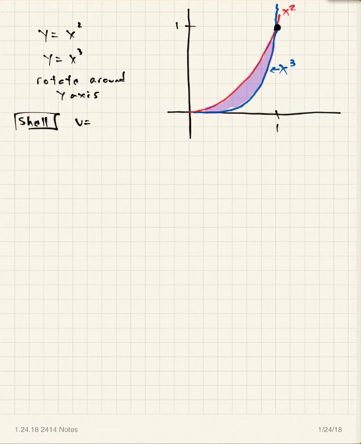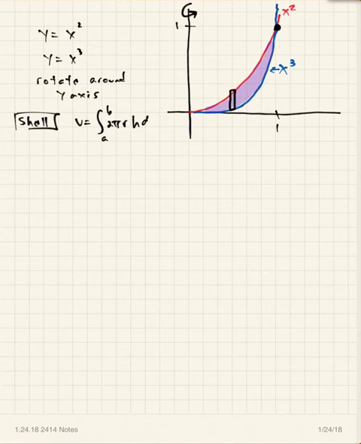I know that the volume is going to be the integral from a to b of 2 pi r h. And let me not write down dx or dy just yet. We're rotating around the y-axis. That's our rotation. So this rectangle has got to be a vertical rectangle because it's got to be parallel.